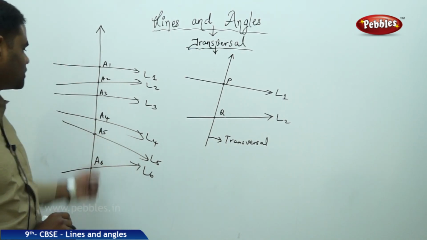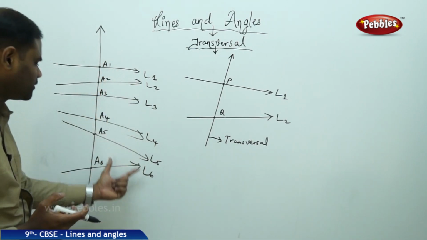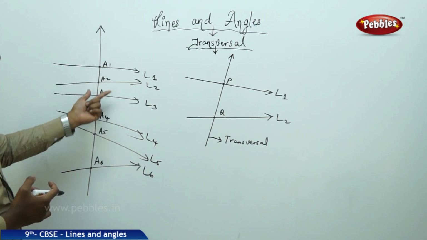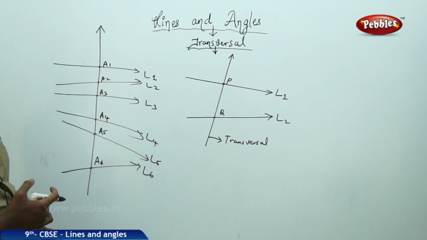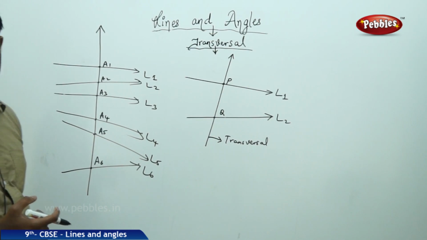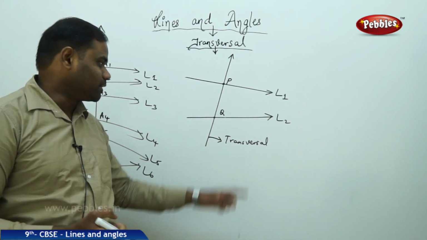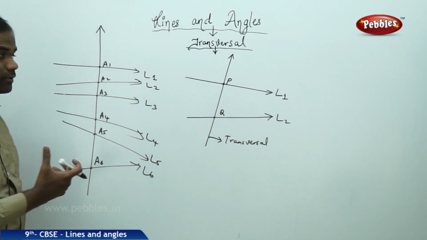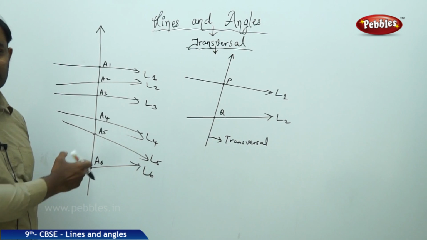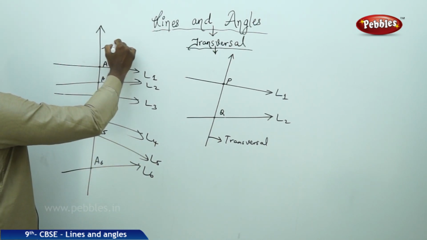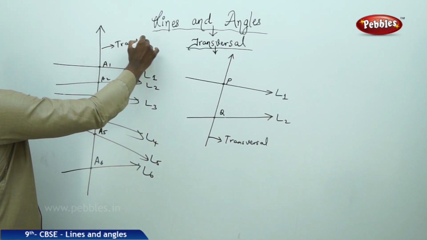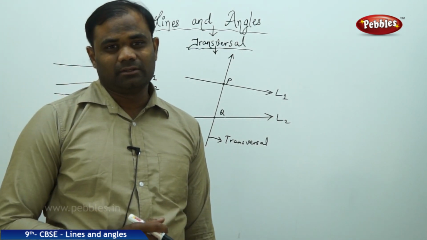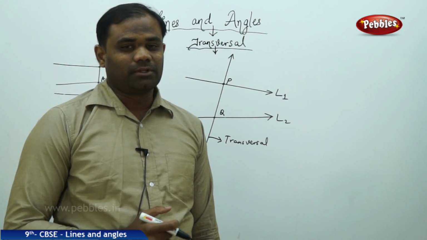Then this line which cuts each of the lines L1, L2, L3, etc. till L6 at 6 distinct points A1, A2, A3, A4, A5 and A6 is also called a transversal. A transversal does not have a restriction to 2 lines, but there can be any number of lines which the line must cut at distinct points. So this is also an example of a transversal.